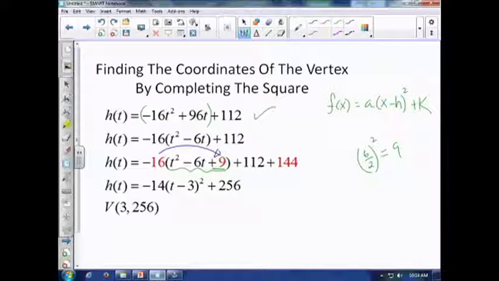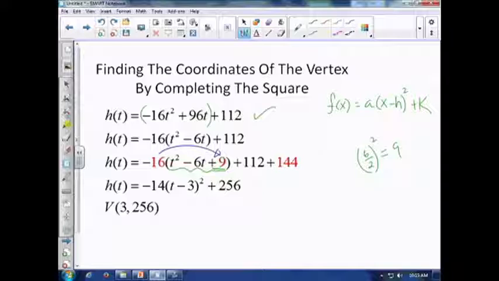What's added to this side is negative 16 times 9, because when you distribute negative 16 over this trinomial, the extra term that you've added would be negative 16 times 9, which is negative 144. To undo that, you're going to add plus 144 to make that go away. Make sure that the signs are different.